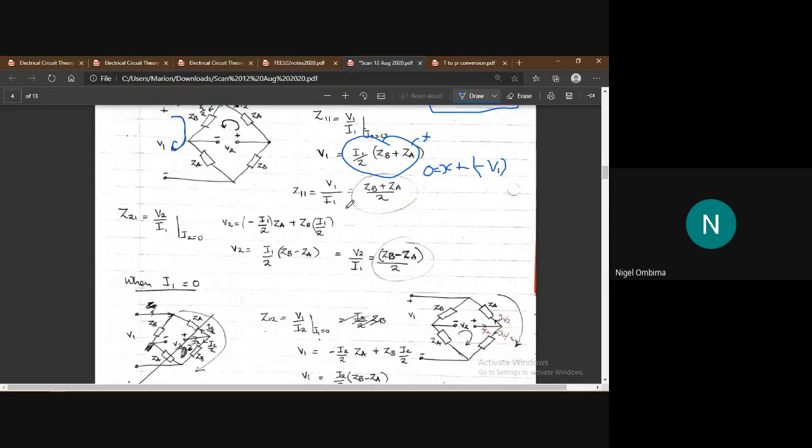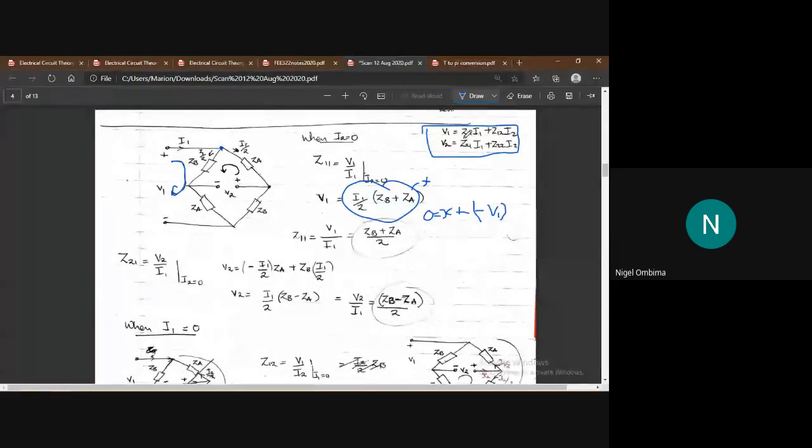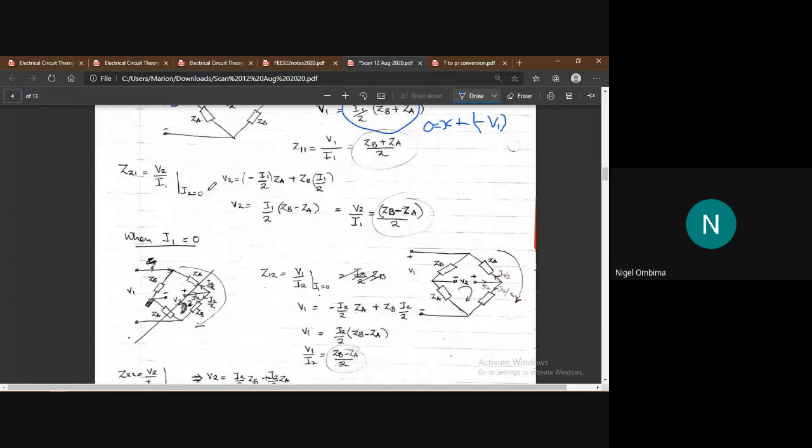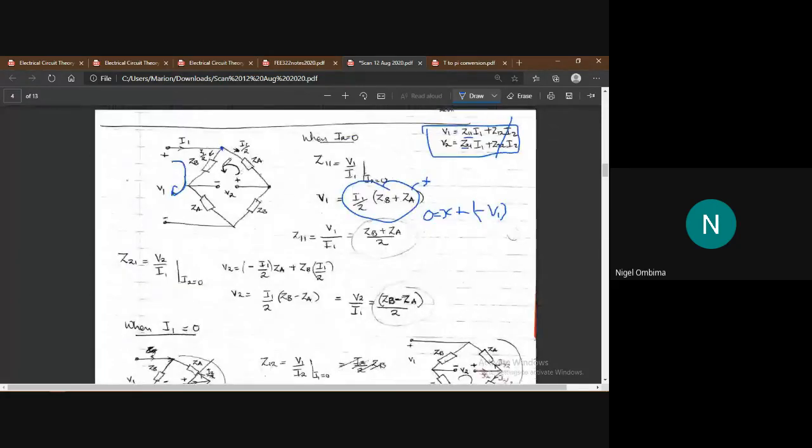Now coming to Z21, we'll solve for this. So tunakuja hapa. When I2 is 0, now this part yote is 0. V1, tunaangalia now this loop here katikati hapa. So I1 itakuja iflow huku, itakuja iflow hivi, but tuna consider from this positive side ikienda to this other side.